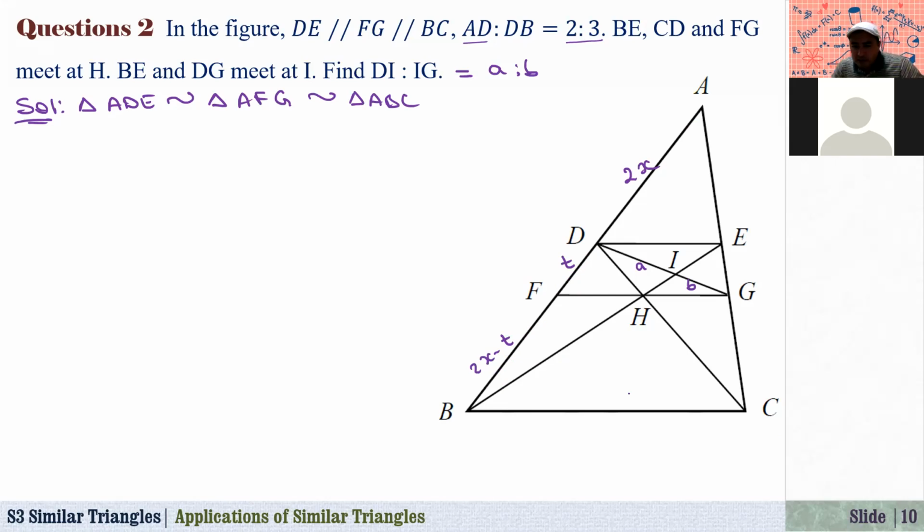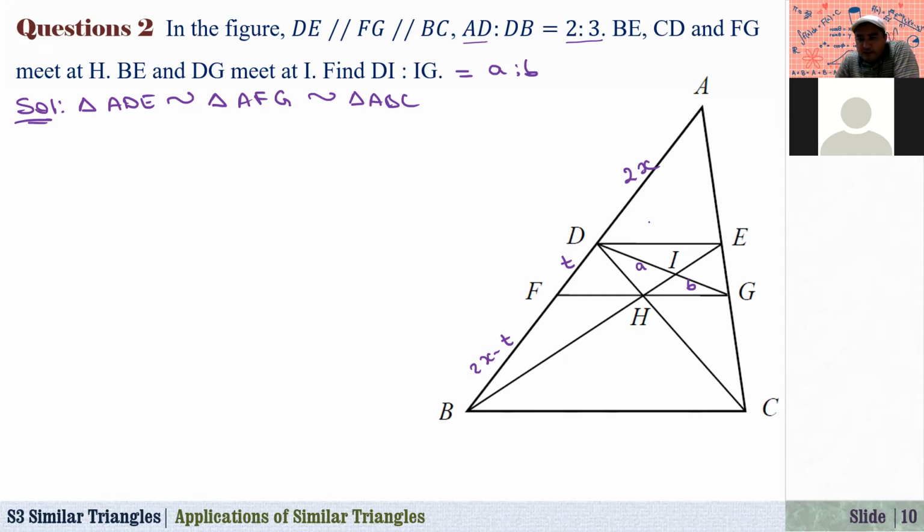How about DH, HC. DH over HC equals FD over FB. I can just write these ratios. So now first, let me try to write some ratios here.